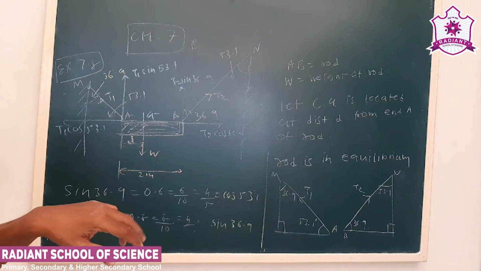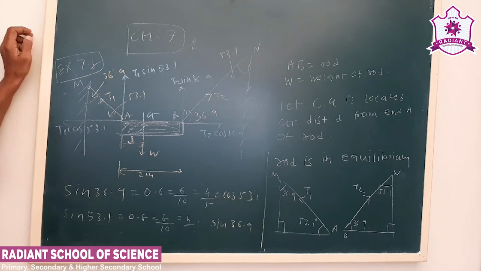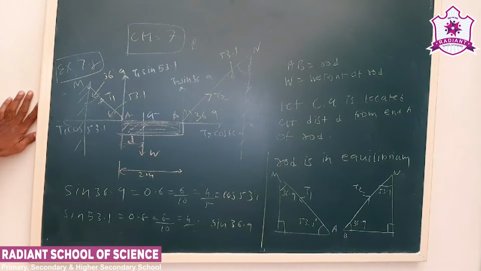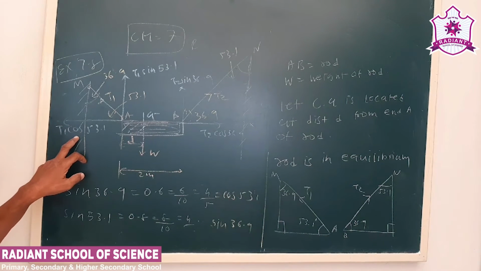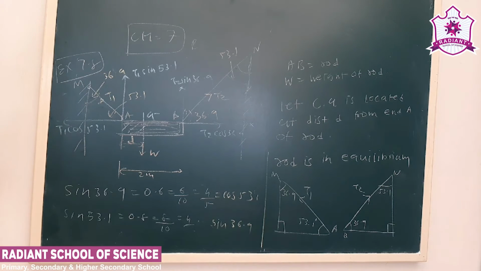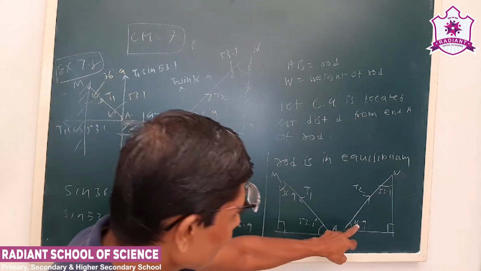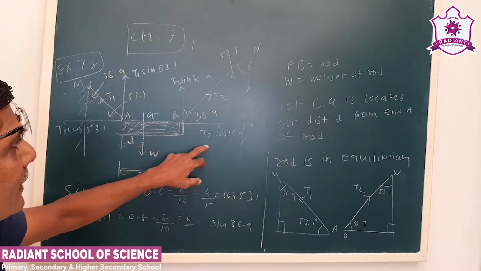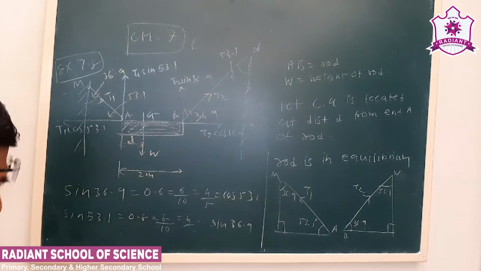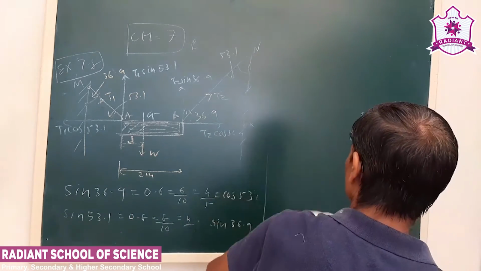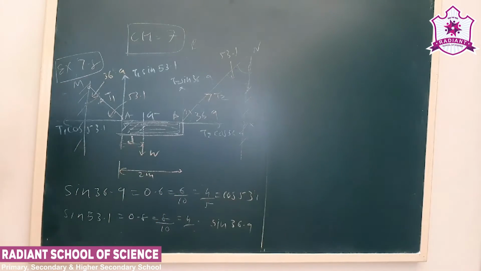Now see what is the tension T1. See the angle with the horizontal, let us say x-axis we consider. So this component will be T1 cos 53 and this will be T1 sin 53. Here angle is 36.9 that I have shown you. Okay, so the cos 36.9 and vertical component T2 sin 36.9. So this is how we can consider the component of the force or tension.